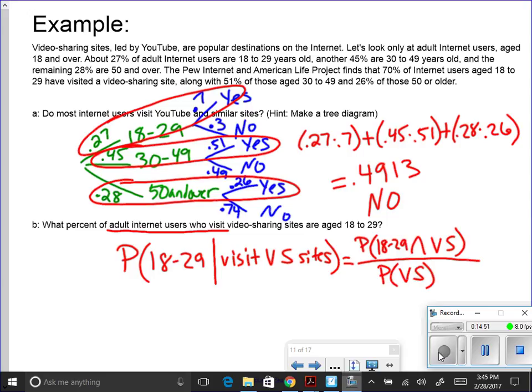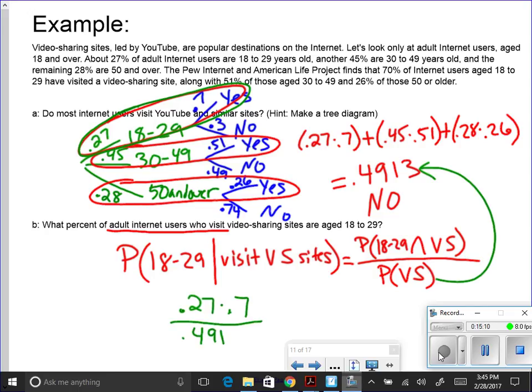So we actually already calculated that probability up here. So the top number we get by multiplying out this branch. So 0.27 times 0.7 all over 0.4913. And that gives us 0.385.